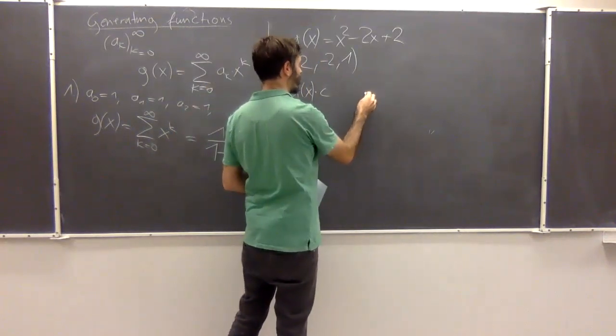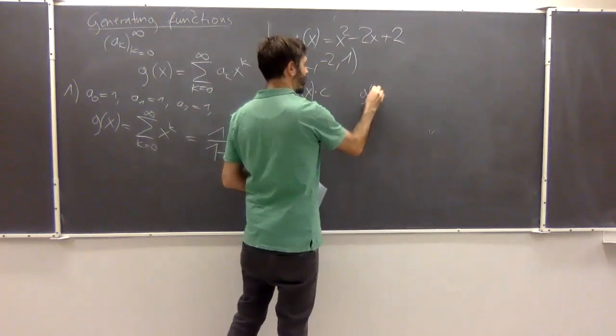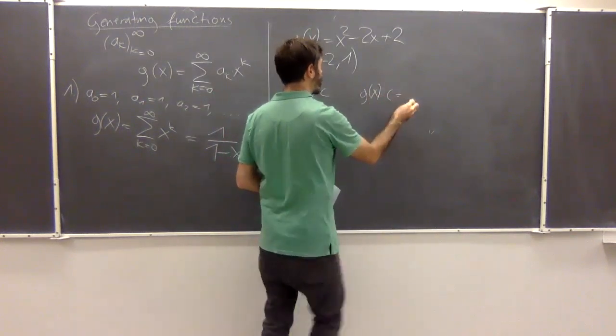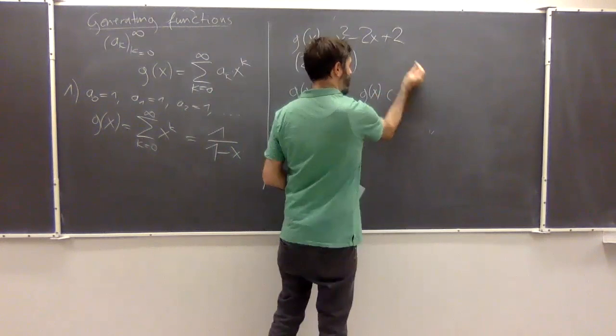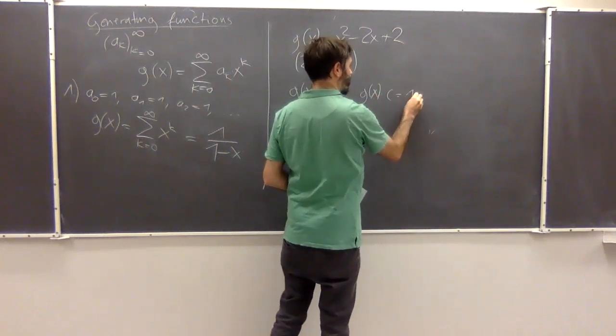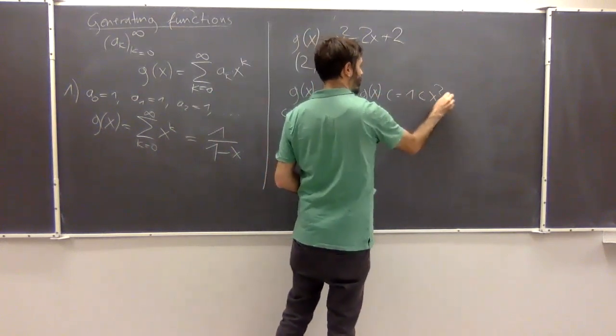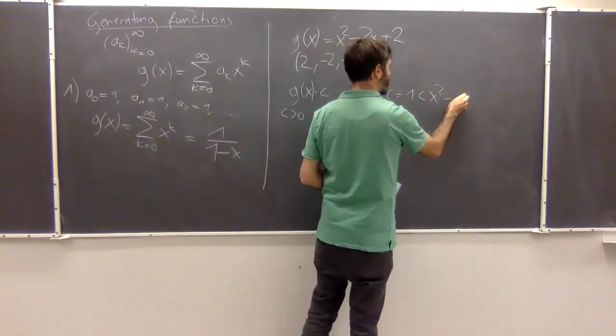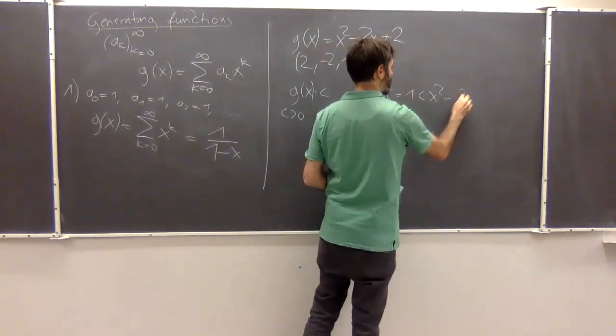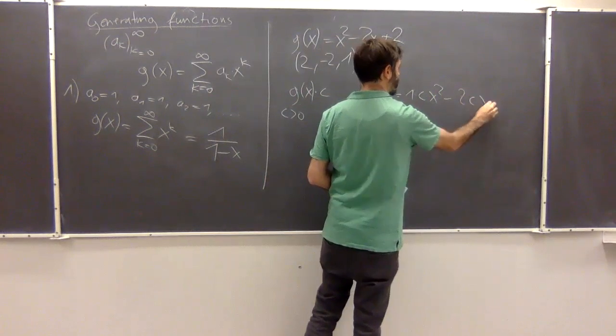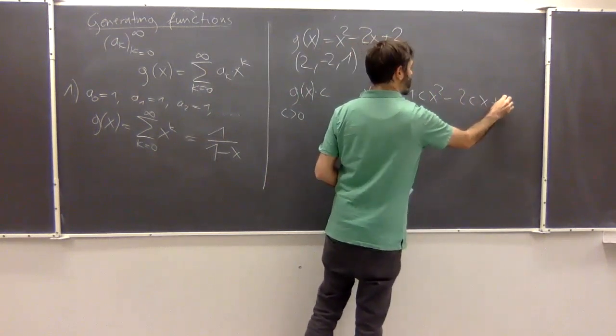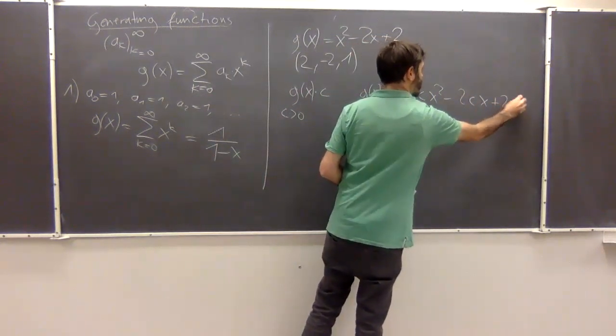Well, that gives me the sequence g of x times c is equal to 1 times c times x squared minus 2 times c times x plus 2 times c times x to the power 0.